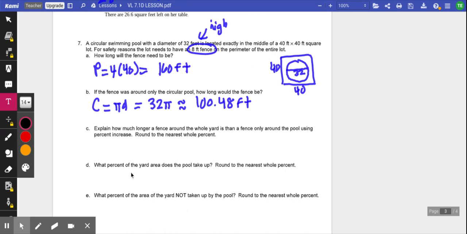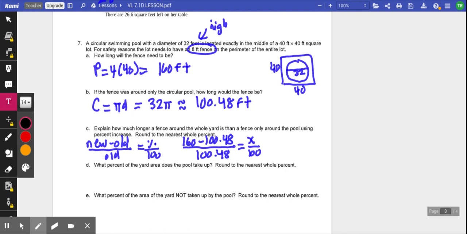So we have to do new minus old over the original, so over the old, equals our percent over 100. Okay, so our fence 160 minus the 100.48 over the 100.48 equals x over 100.